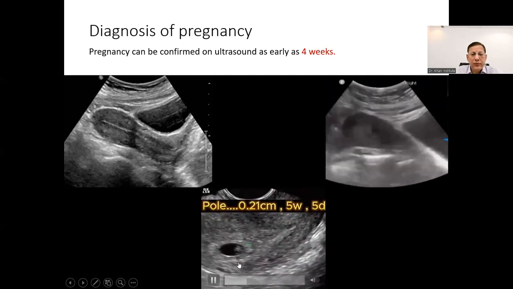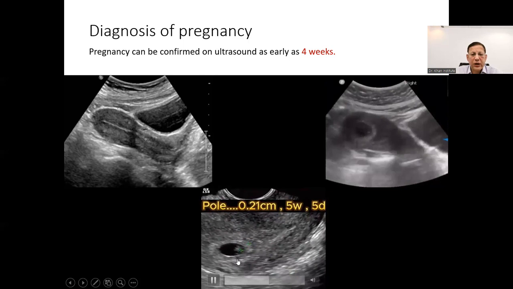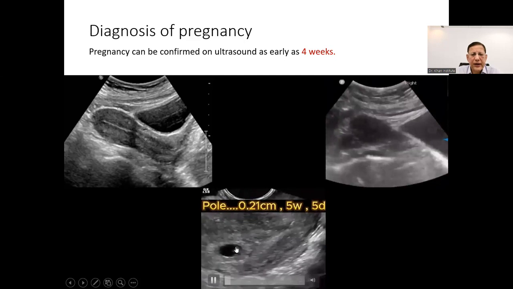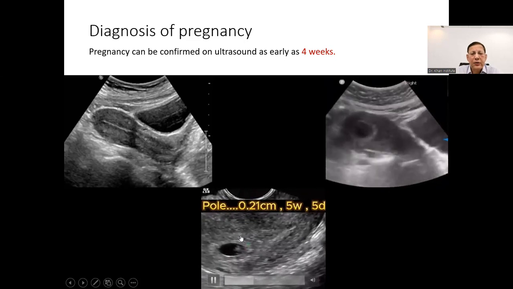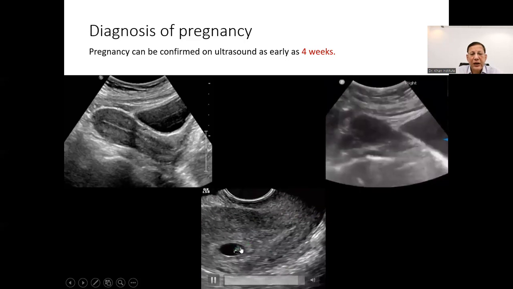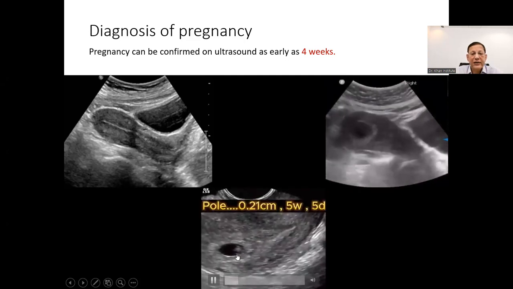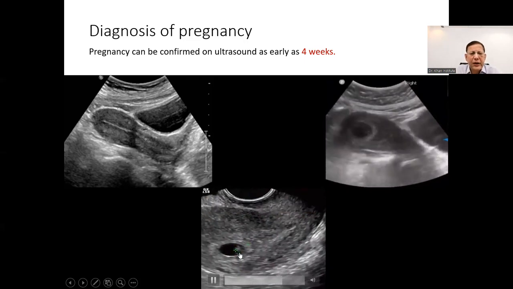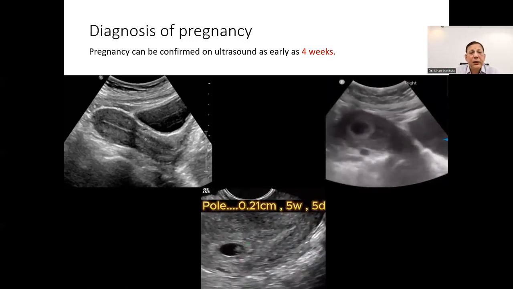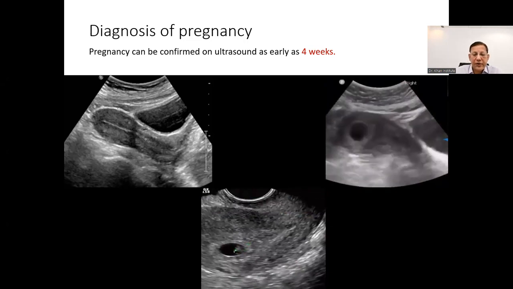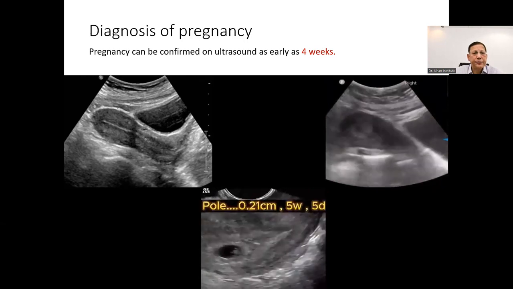If you cannot see it with the naked eye, then M mode will be the mode utilized to see the presence of the fetal heart motion, as well as it will tell us the fetal heart rate. The main thing that we learned through this slide is how important a role ultrasound plays in confirmation of pregnancy.